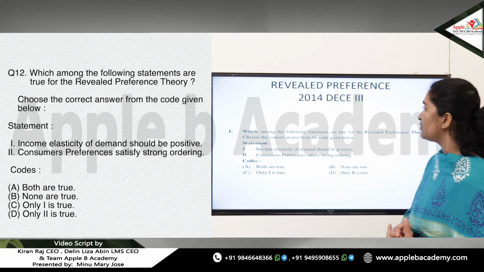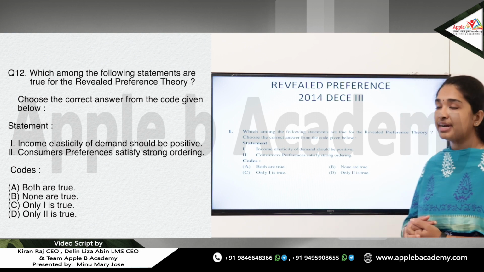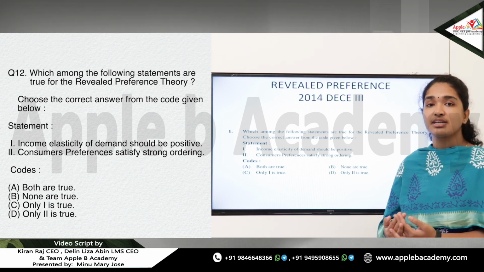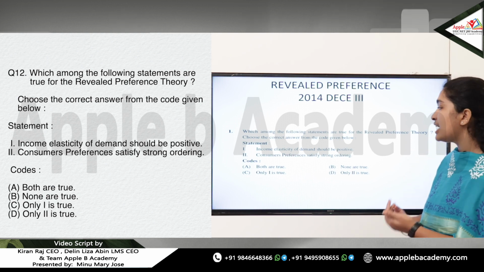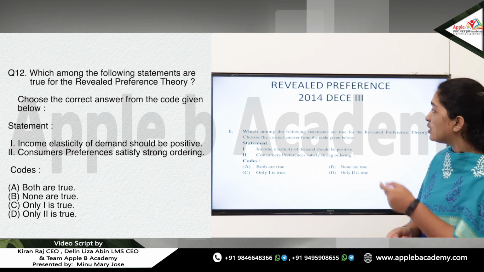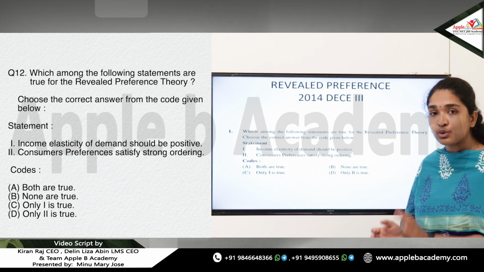Based on what we have already discussed, we know exactly that the revealed preference theory only considered the positive income elasticity aspect of consumers' behavior or choices. So statement 1 is exactly true in this case.